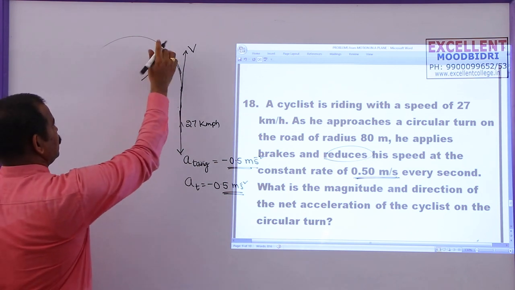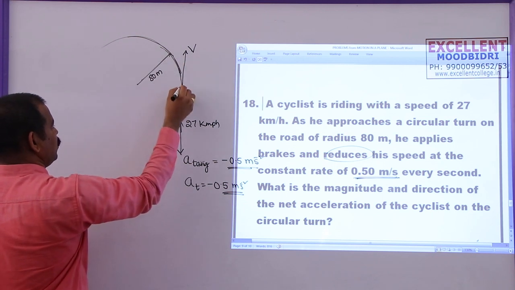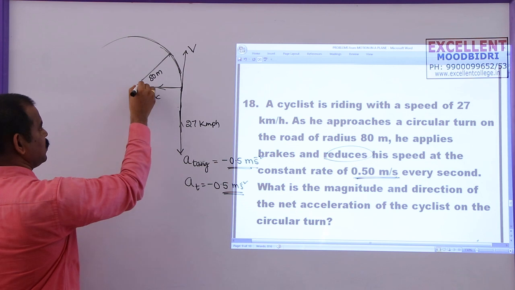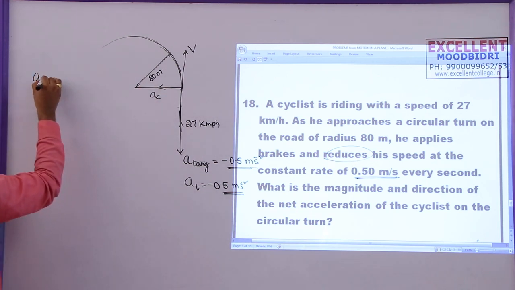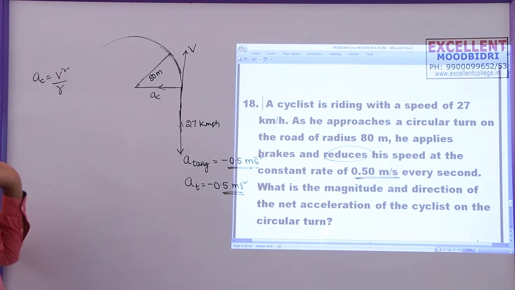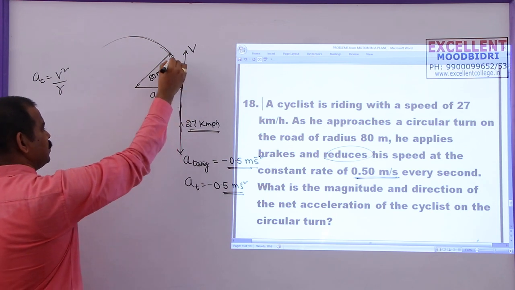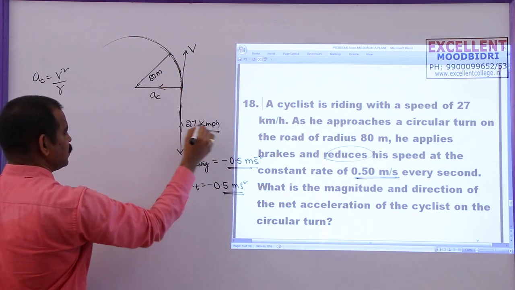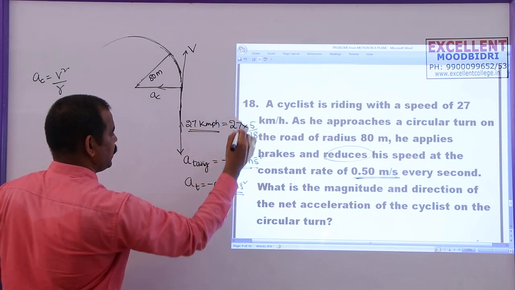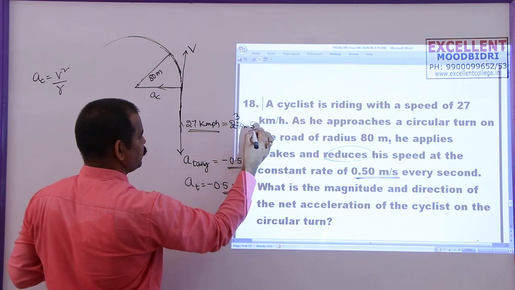This is tangential acceleration. Now here, as he is moving in a circular path, we have an acceleration acting towards the center, which is given by AC. So AC, that is centripetal acceleration, is given by V square by R. What is V? That is 27 kmph at this point. After that it is reducing, but at this point the speed is exactly 27 kmph. So let me take it as 27 into 5 by 18. 9 twos are 18, 9 threes are 27.